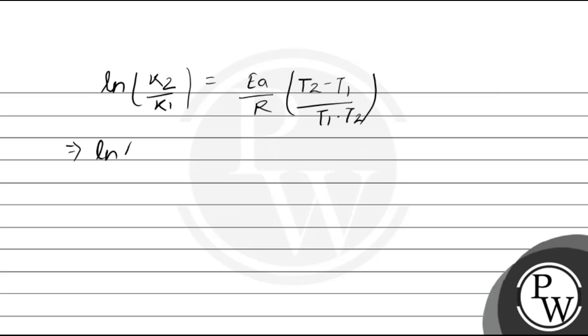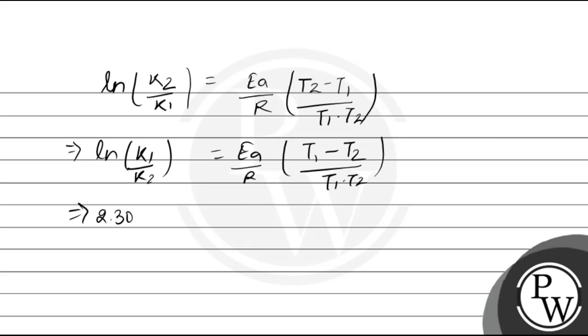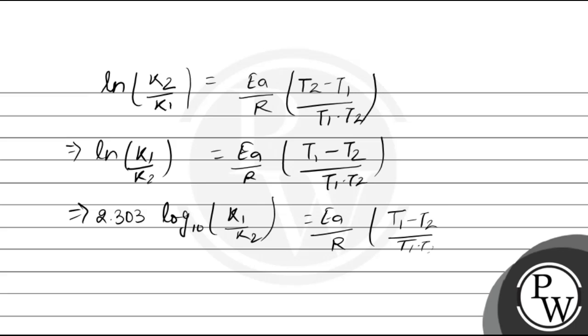Equal to ln K1 upon K2 is equal to Ea upon R into (T1 minus T2) upon T1 into T2, which is equal to 2.303 log with base 10 K1 upon K2 equal to Ea upon R into (T1 minus T2) upon T1 into T2.